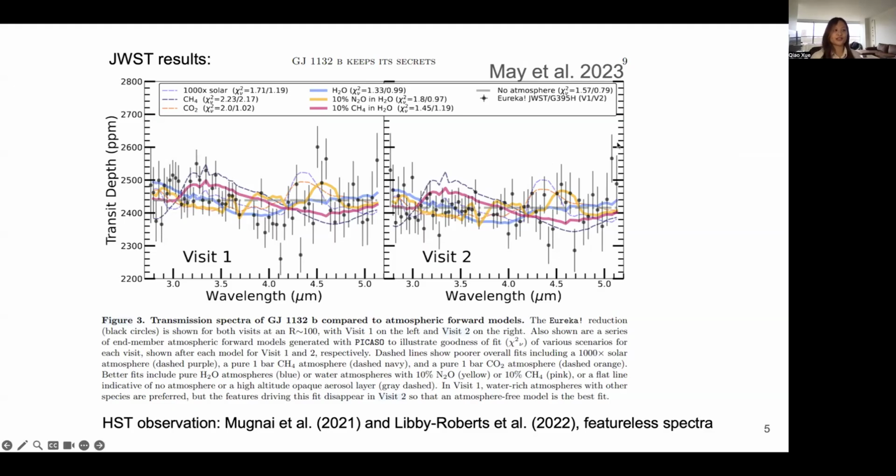But if we're measuring the emission from the planet, we do not really care how the star behaves. That's why we don't usually take into account the stellar variation in emission spectroscopy.